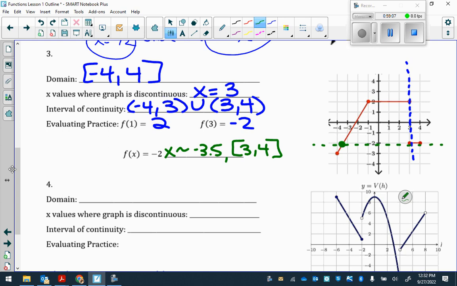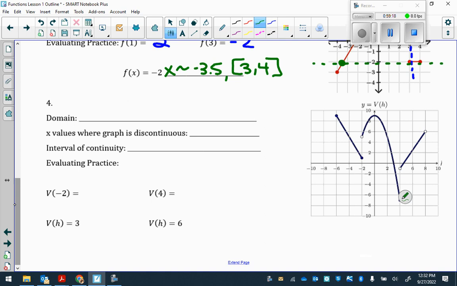Try number 4 on your own. And then this is it. And the graph is up here. That's a little bit clearer than you might have had.